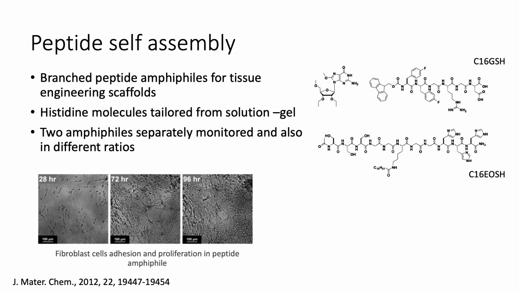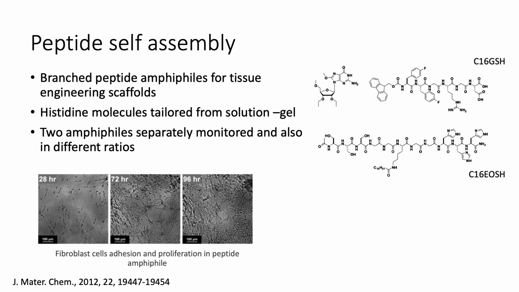2 different peptide AMP files have been taken, and then they have studied the initial characterizations for both the branched AMP files, and then they have tailored it with histidine, and these 2 different molecules have been studied separately and also in different ratios to see whether mixing the peptide AMP files has an effect in the tissue culture.